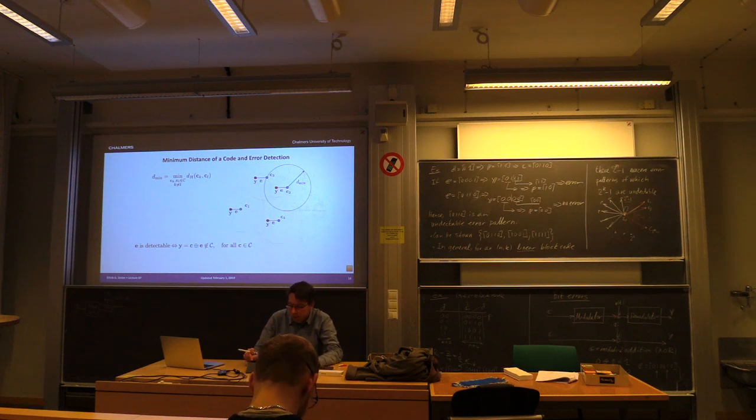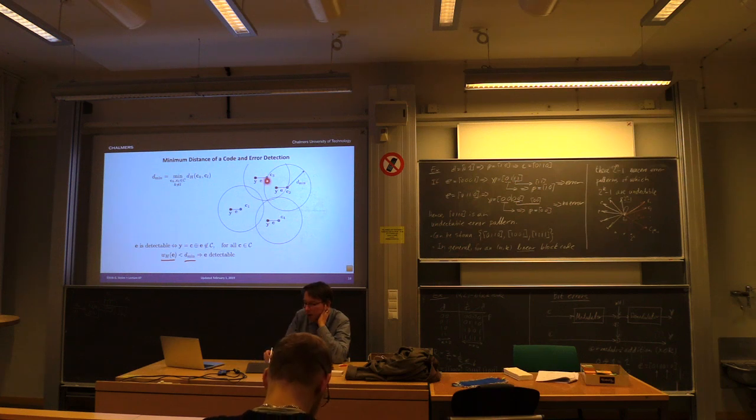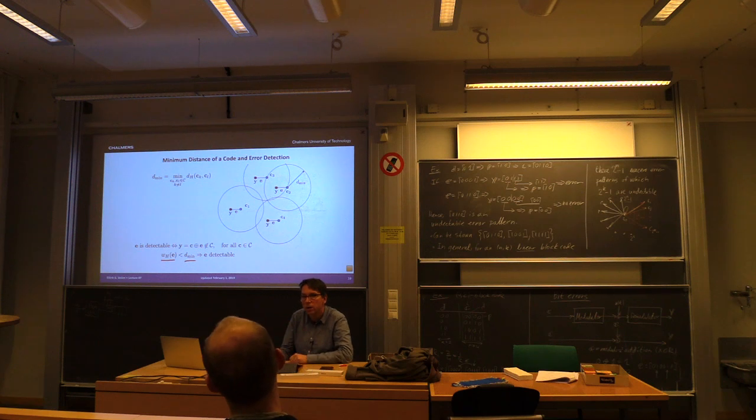Okay. Now, if we put spheres around each of the code words, we see, and here's the thing: if the Hamming weight of the error is less than the minimum distance, whatever code word we transmit, we cannot go outside the corresponding sphere.